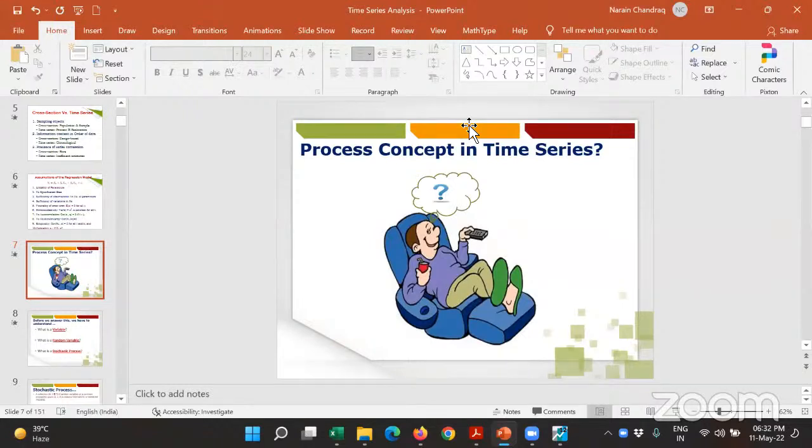Your time series data set should also be subject to the test of stationarity, because if you have a non-stationary data set, you might fall into the trap of what is referred to as spurious regression results. So you must not run a regression on a non-stationary data set. You convert them into a stationary data set and then you run a regression. That's one solution.